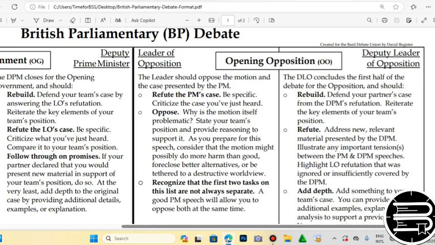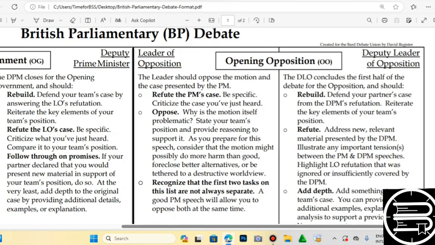So he's supposed to be specific, criticize the case you just heard. So we're expecting the leader of opposition to be listening to the Prime Minister when he'll be stating out his case, so that he can have something to say when he comes to the podium, so that he can refute the case of the Prime Minister.